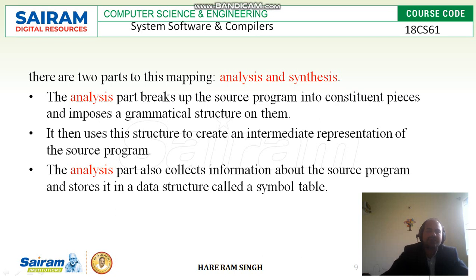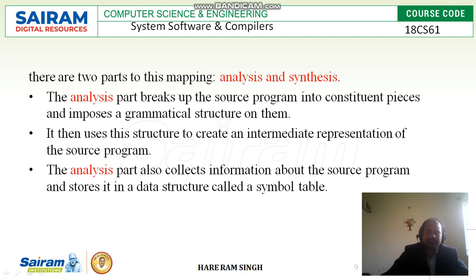It then uses this structure to create an intermediate representation of the source program. The analysis part also collects information about the source program and stores it in a data structure called the symbol table.